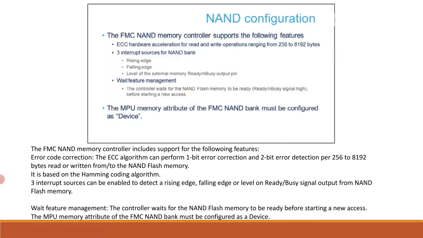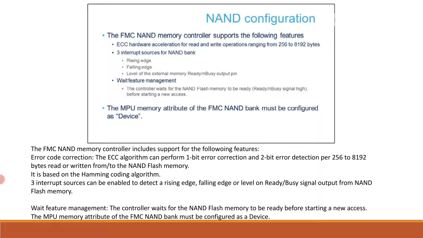Three interrupt sources can be enabled to detect a rising edge, falling edge, or level on the ready or busy signal output from NAND flash memory. Wait feature management: the controller waits for NAND flash memory to be ready before starting a new access. The MPU memory attribute of the FMC NAND bank must be configured as a device.